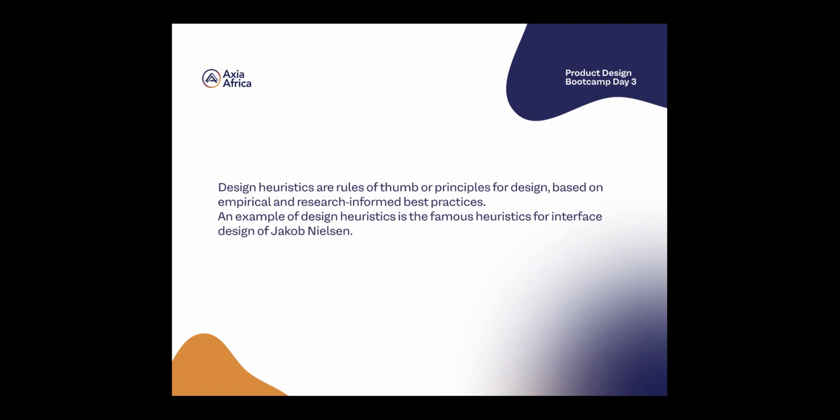If you're learning UX, I can dare say this: you cannot learn UX without coming across the name Jacob Nielsen, because this is someone who has invested years into coming up with principles based on deep research that has helped over the years to guide design practices. So design heuristics are rules of thumb. They are principles that guide our design.